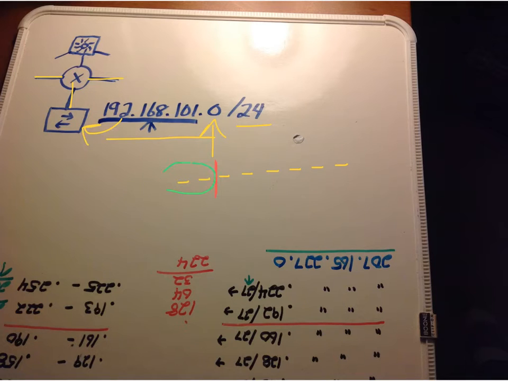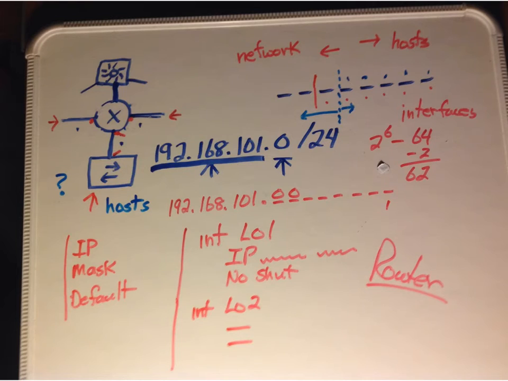So this side is the network side, so that would give them 4 networks. And this side, that'd be 2 to the 6th, or 64, so that would give them 62 addresses on 4 networks. Okay, so this would be the cutoff, this would be the first network, and then you could address that all out. Here's how we got 62 addresses.